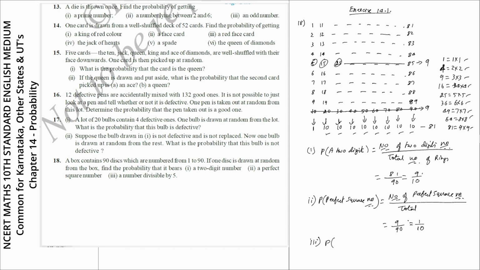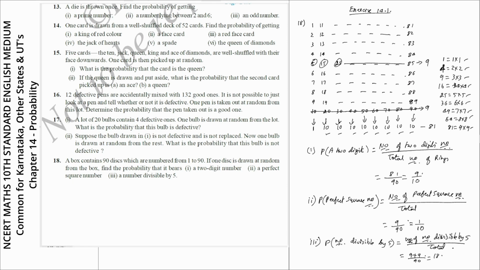So the probability that I'll get a number divisible by 5 is equal to the number of numbers divisible by 5 divided by the total. The number of numbers divisible by 5 is 9 plus 9, and the total number is 90.